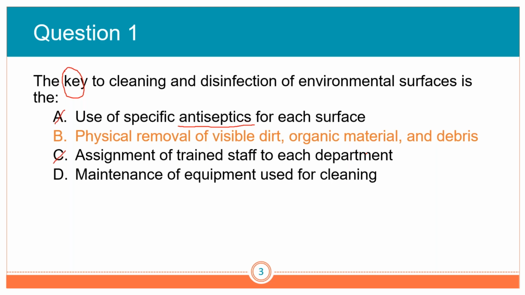No, right? Because if it's not clean, it's not sterile, right? So it's the same thing for our environment. Obviously, we're not sterilizing bedside tables or anything like that. But the most important thing to cleaning and disinfection is the physical removal of visible dirt, organic material, and debris. Does that help?